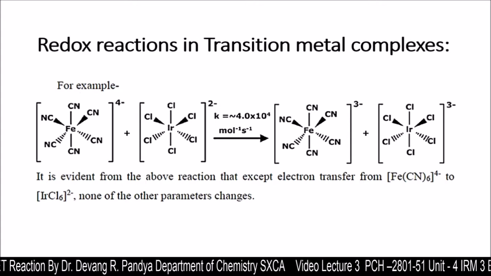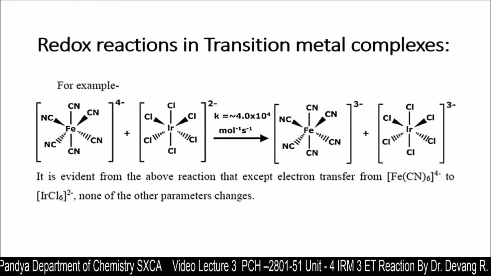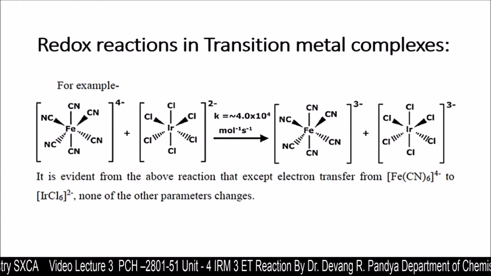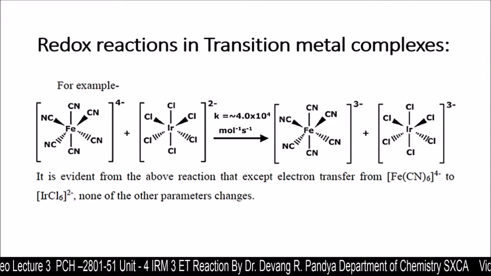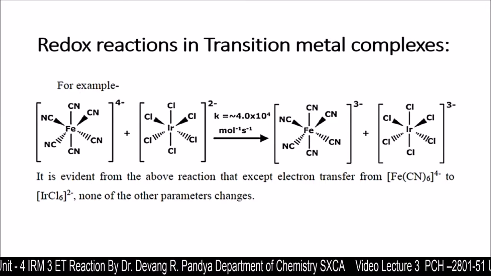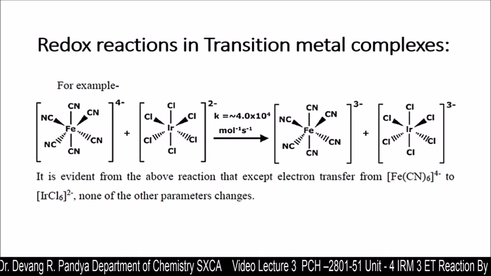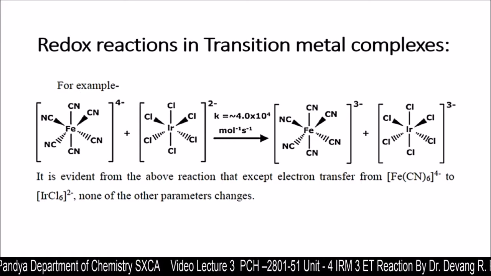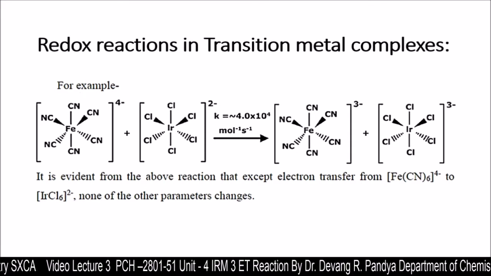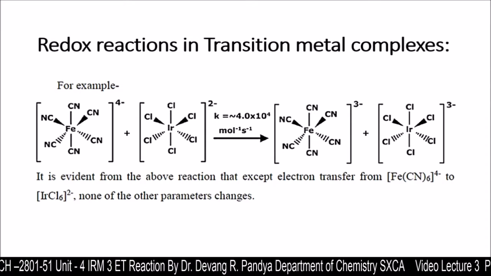In both cases, the cyanide is strongly associated with iron and chloride is moderately associated with iridium. So before the cyanide or chloride may substitute each other, the electron transfer takes place. The Franck-Condon principle can be applied to this, and according to it the velocity of the electron is greater than that of the nucleus, and hence we find the electron transfer here.